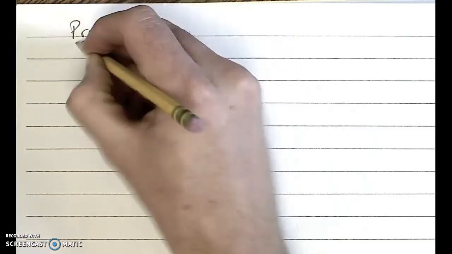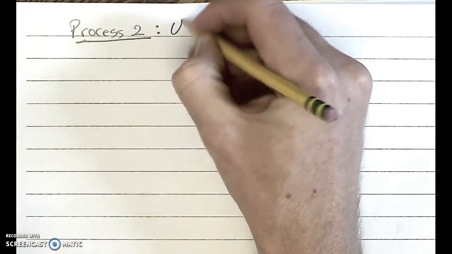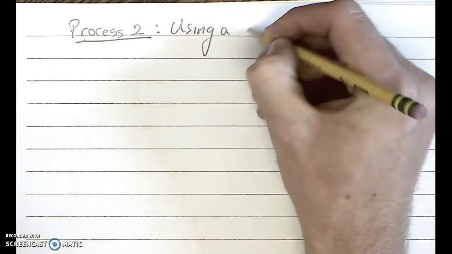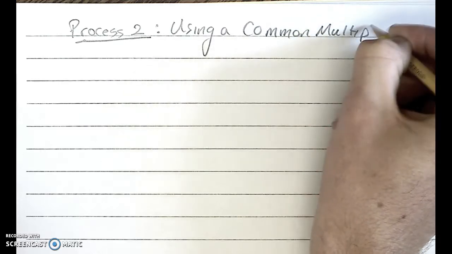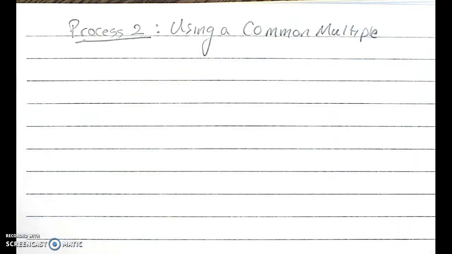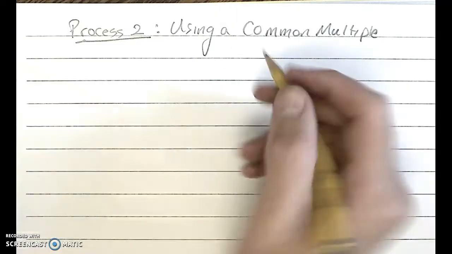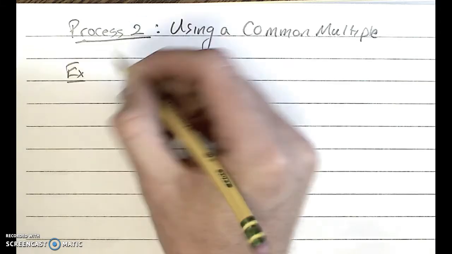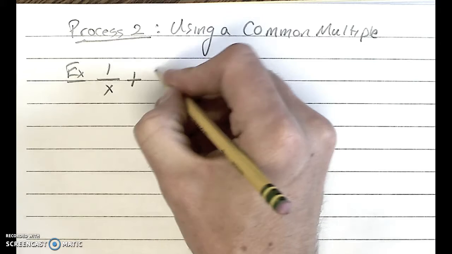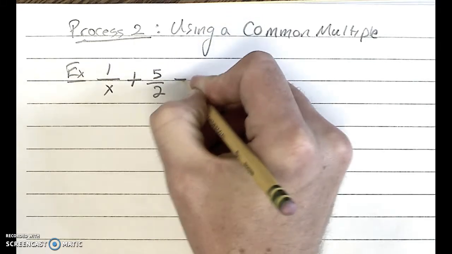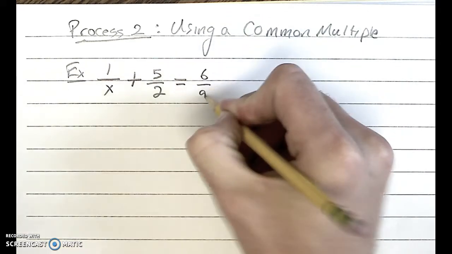So a pretty basic example would be the same one we just looked at, solving 1 over x plus 5 halves equals 6 over 9.